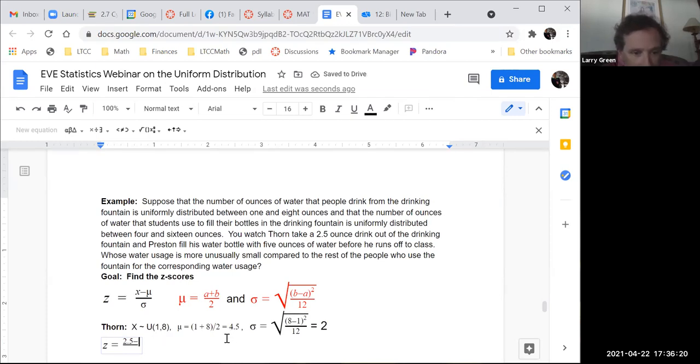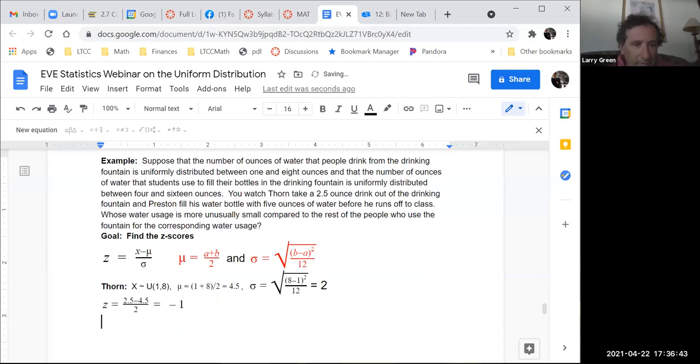Mu was 4.5. And then we're supposed to divide by sigma, which was about 2. And what I get, 2.5 minus 4.5 is -2. -2 over 2 is -1. You use a calculator too, but this one was pretty easy. Any questions on that?